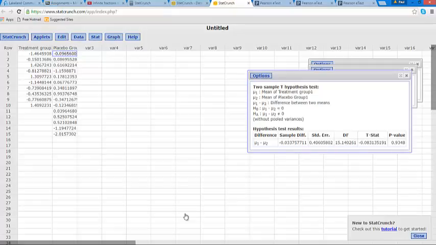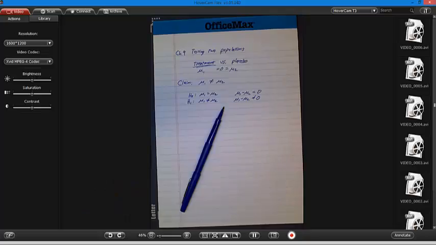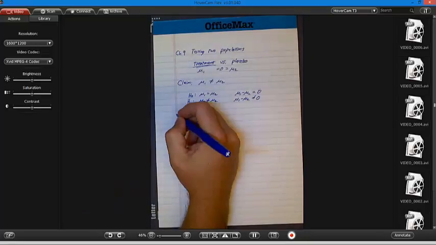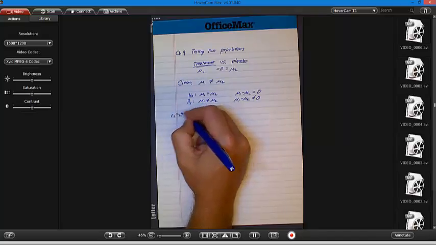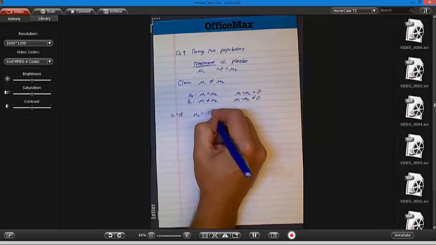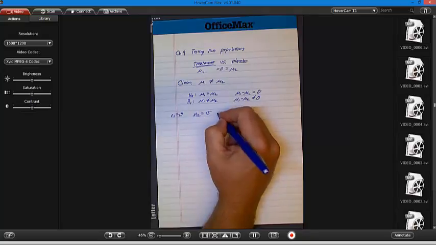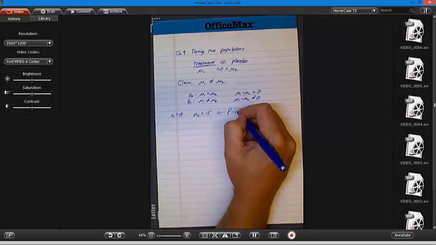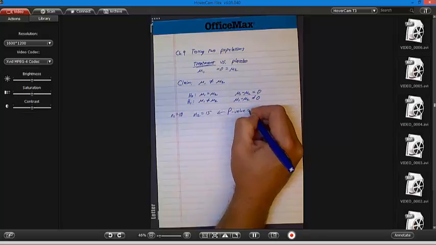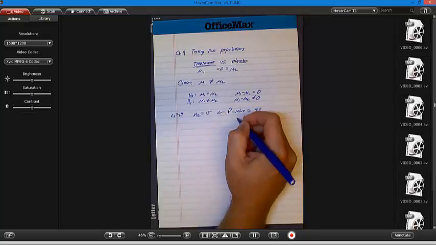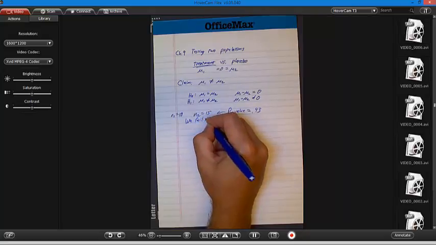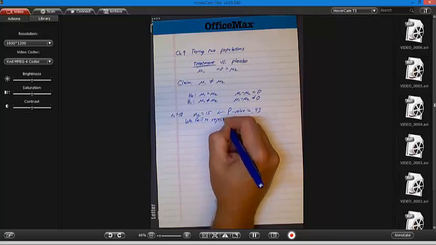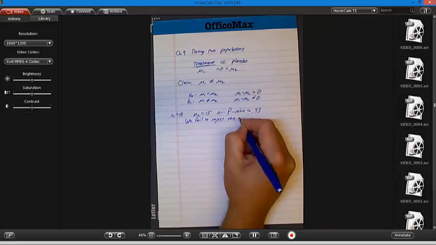And so I guess what I could do is say that we took N1 is 10 and N2 is 15, and what I would say is that my p-value was about 0.93, and so we fail to reject the null hypothesis here.